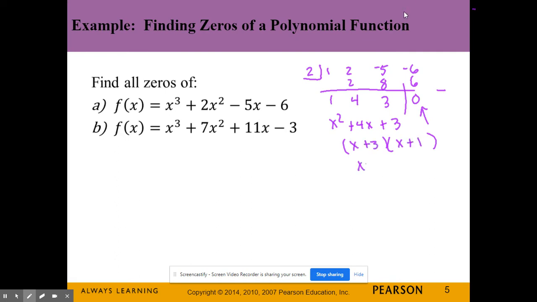If I set them equal to 0, I get x equals -3 and x equals -1. So the other two places it was crossing when we looked at it on the graph. So the graph is super helpful. But the answer to this is the zeros are 2, -1, and -3.